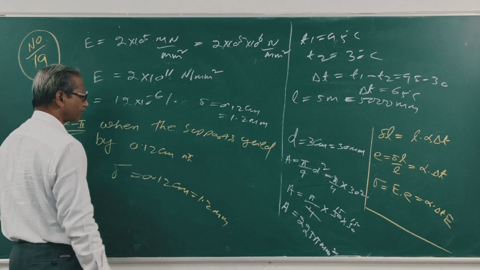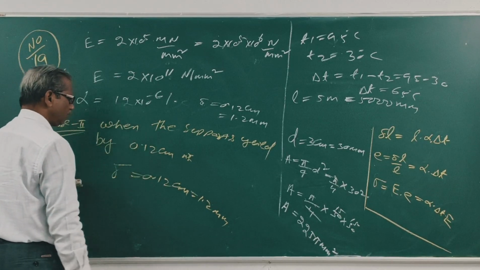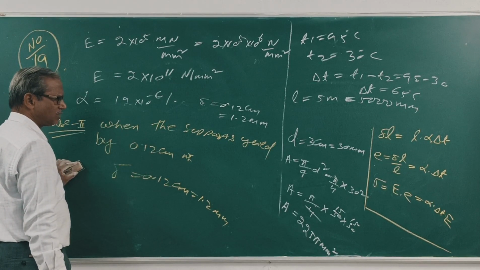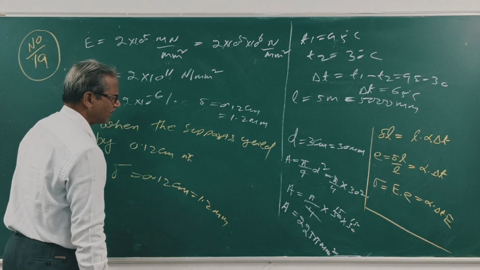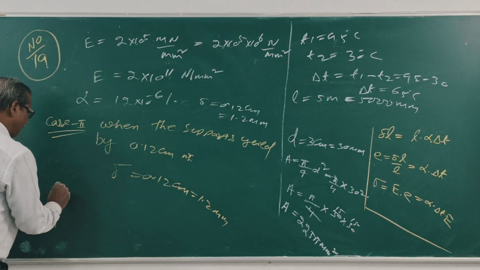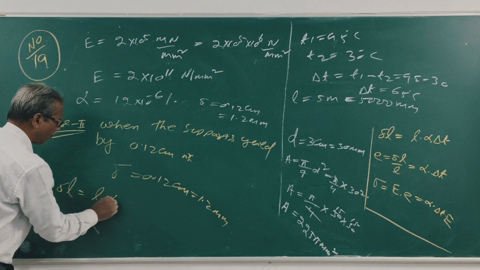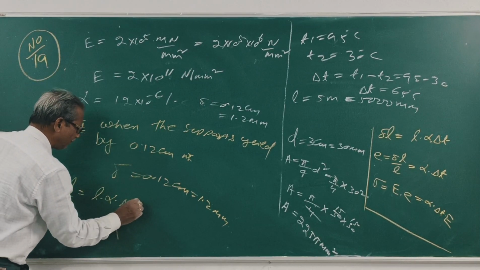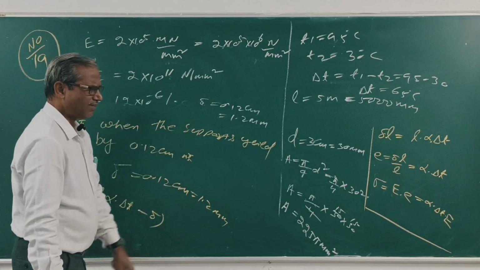Now we will find the change in length. In this case, delta L is equal to L alpha delta t minus delta. This is the change in length. Clear?